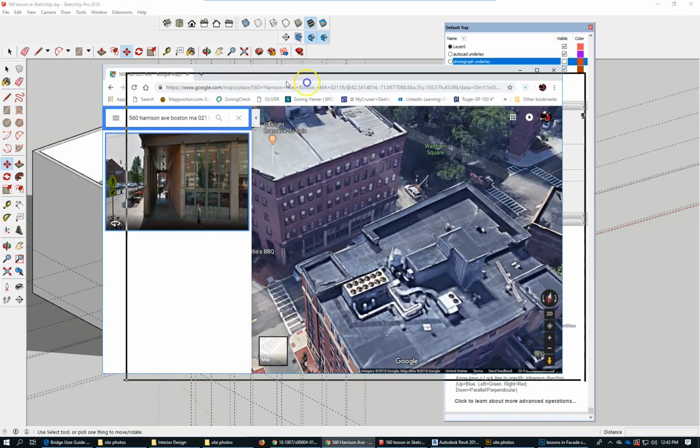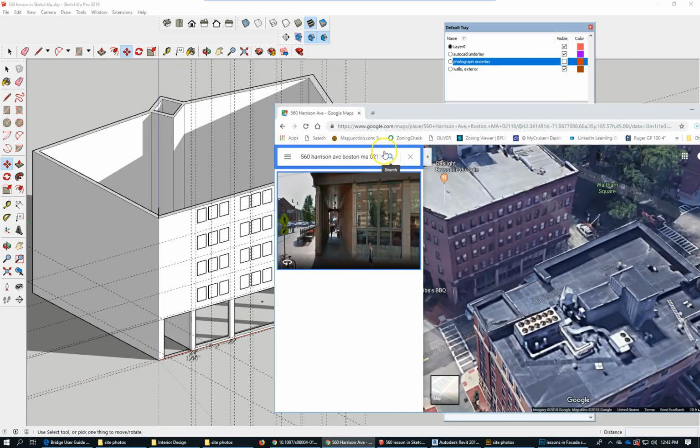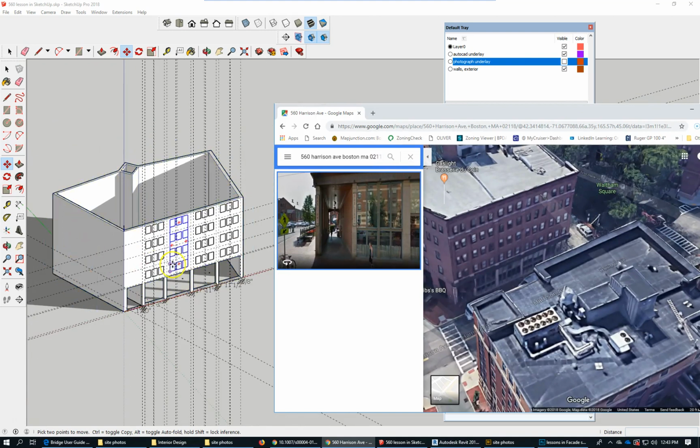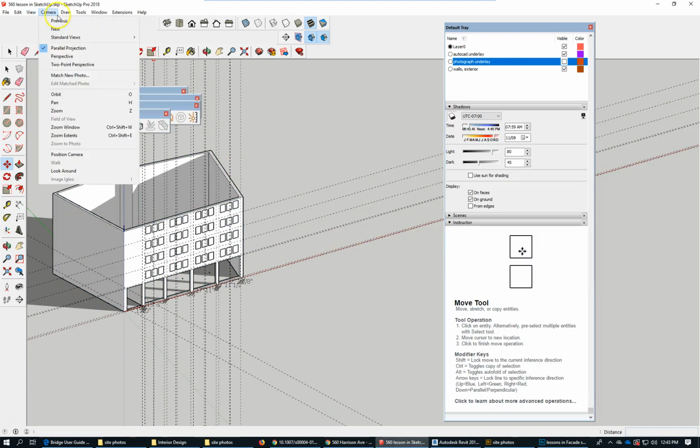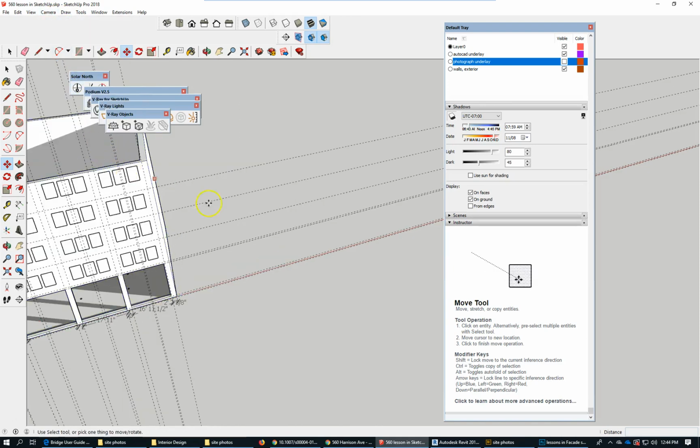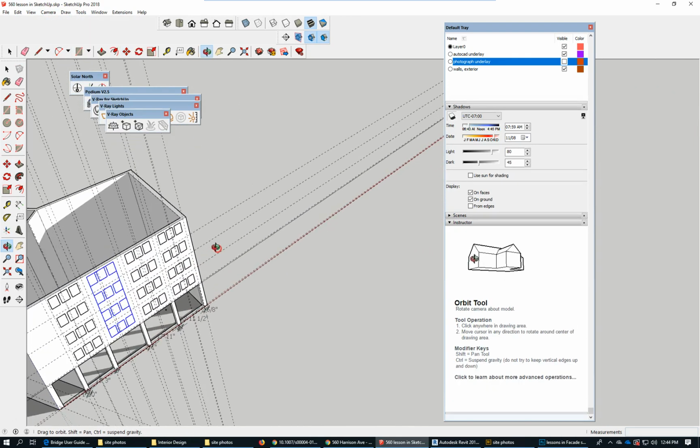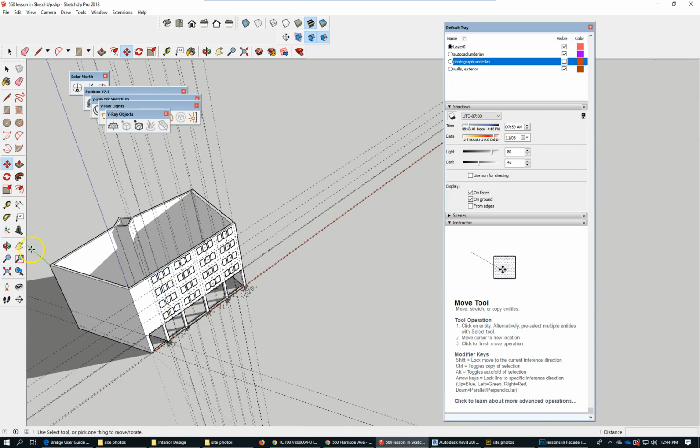So our question is, change the view to perspective, looking at it from above here, same vantage point.